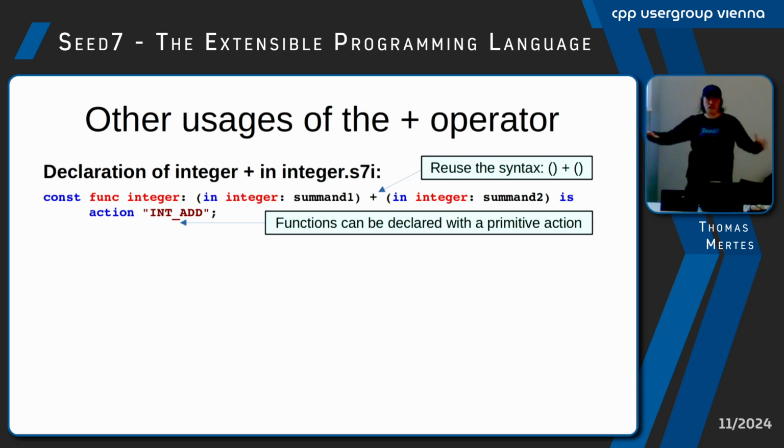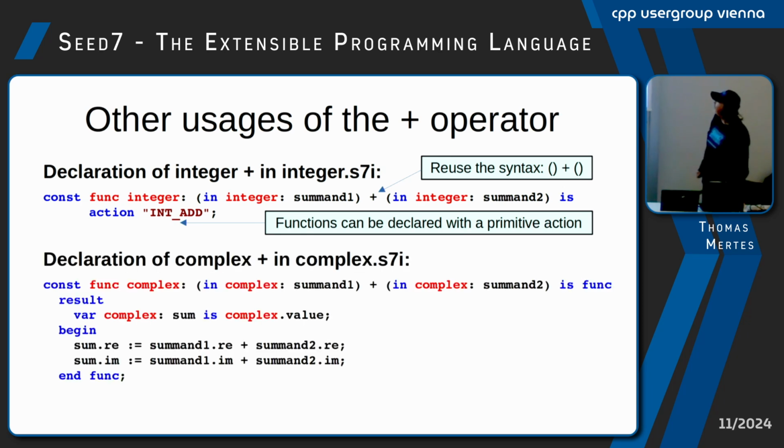At some level, Seed7 has to make connections to how this is implemented, and my solution is primitive actions. This can be seen like bytecode or machine instructions. An int add, for example, takes two integers and adds them. It does no conversion of floats to integers or anything like that.